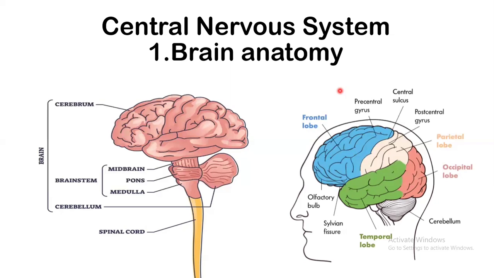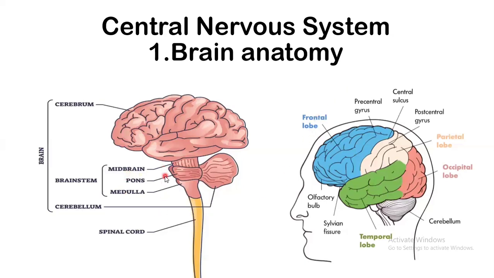Then the hypothalamus regulates autonomic functions like temperature, hunger, thirst, and hormones. The other part is the epithalamus. It contains the pineal gland, which secretes the melatonin hormone, which is helpful for sleep regulation.